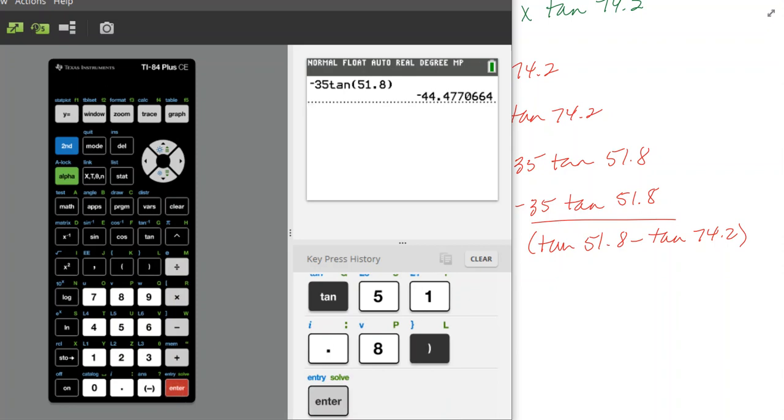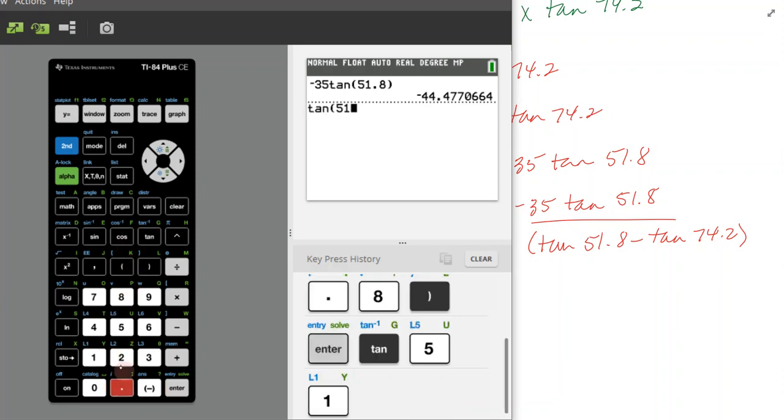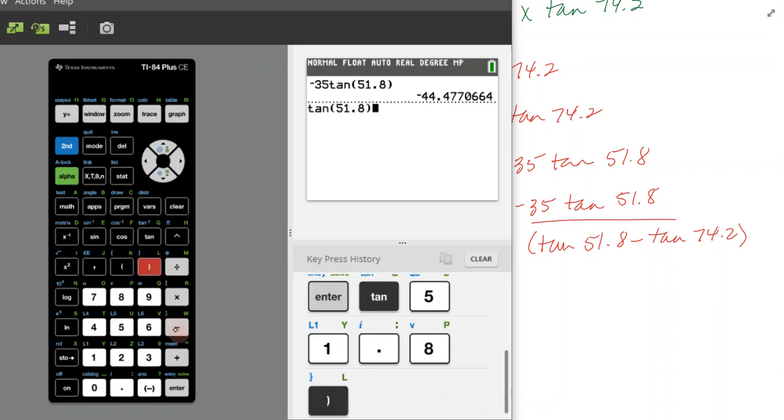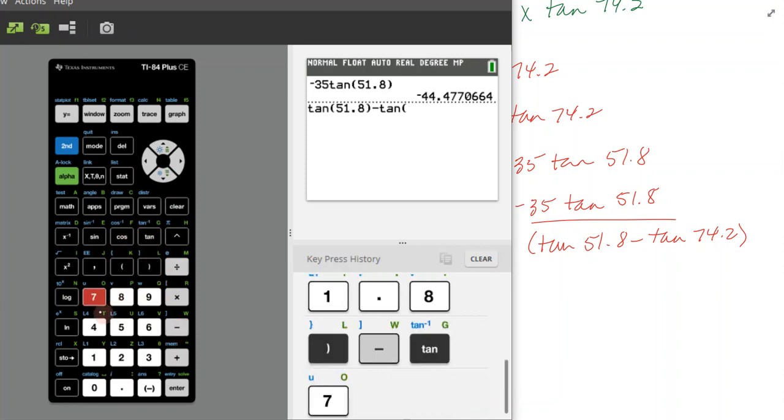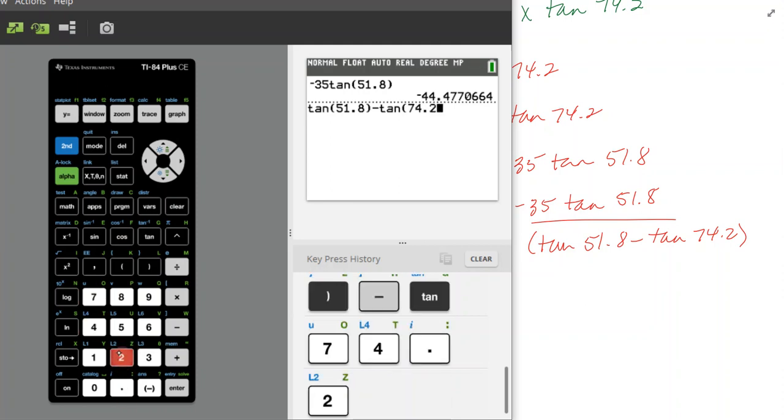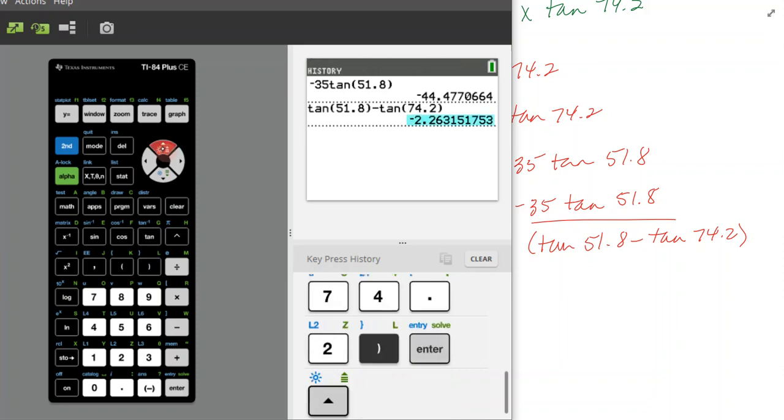Then I've got the denominator, so I'm going to take the tangent of 51.8 minus the tangent of 74.2, and I get a value, and I'll divide negative 44 by negative 2.